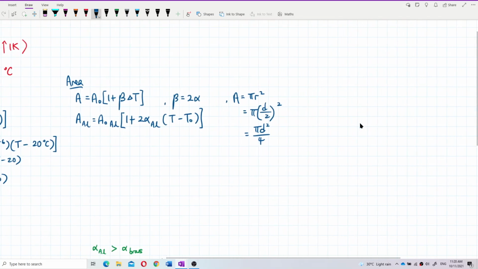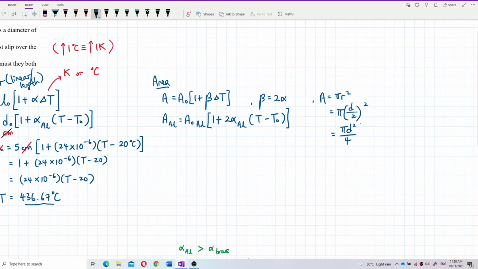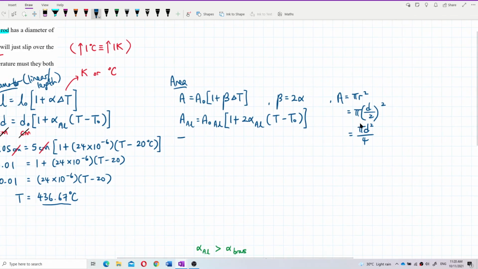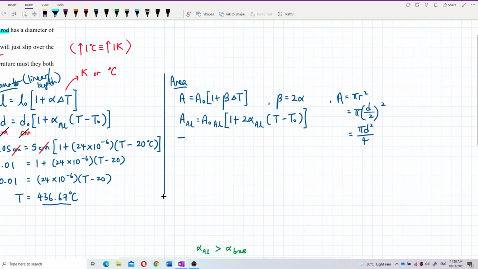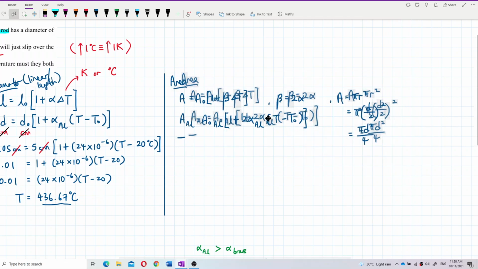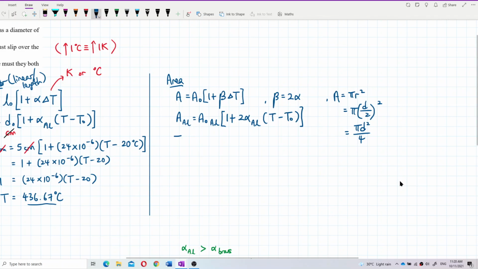Let's find out the value first, before we do anything. I just want to take a second, I don't want my work to become messy. So this is what I do. We put the final area as pi d square over 4, for the aluminium.